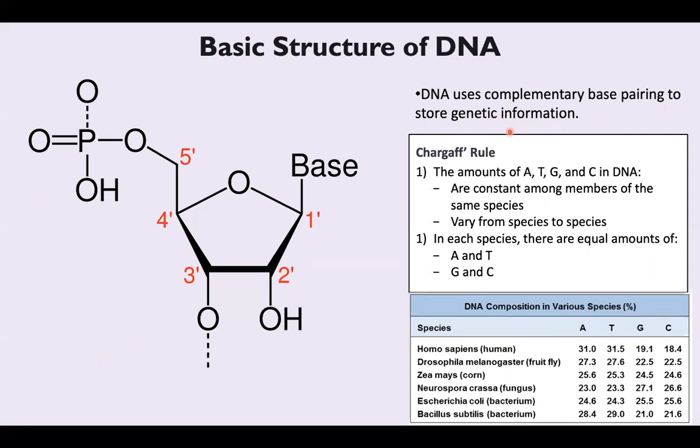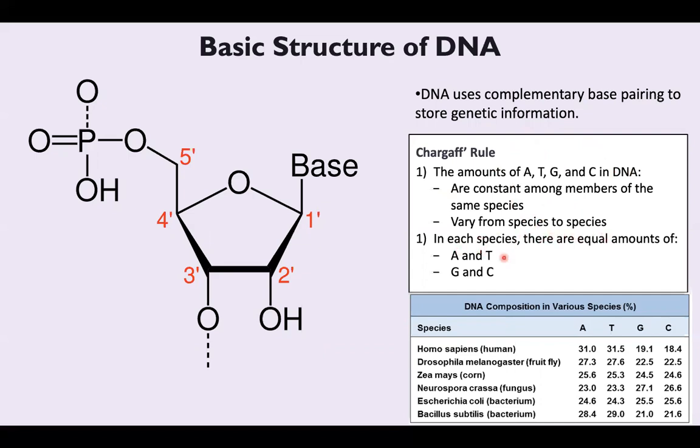Okay, there's one rule of Chargaff. His name is Erwin Chargaff. He said that the amount of A, T, G and C in DNA is constant among members of the same species, but varies from species to species.